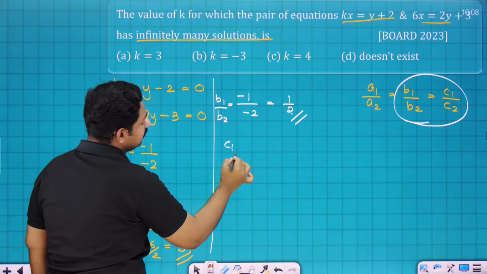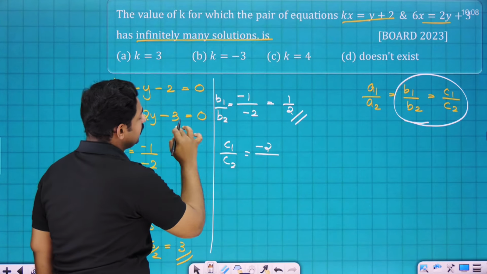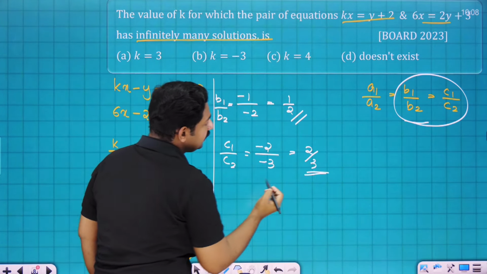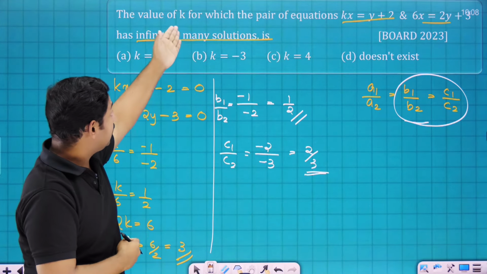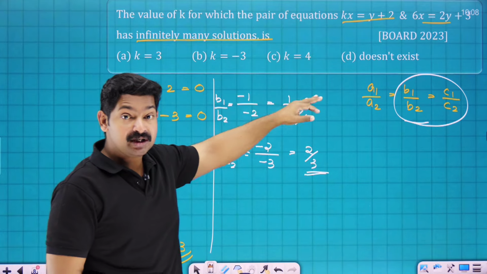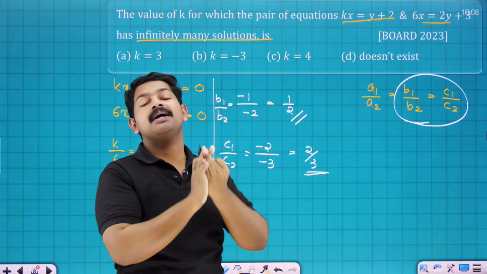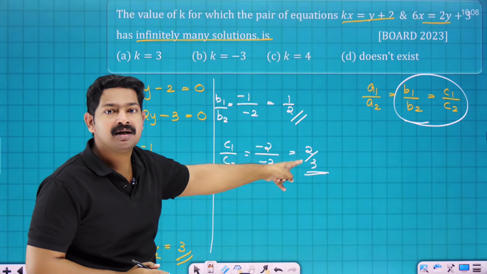And if you check C1 by C2, what is C1? Minus 2, and what is C2? Minus 3, which is 2 by 3. See, B1 by B2 is not equal to C1 by C2. As per the given condition, if there are infinitely many solutions, definitely these three ratios must be equal: A1 by A2 must be equal to B1 by B2 must be equal to C1 by C2. But here these are not equal.